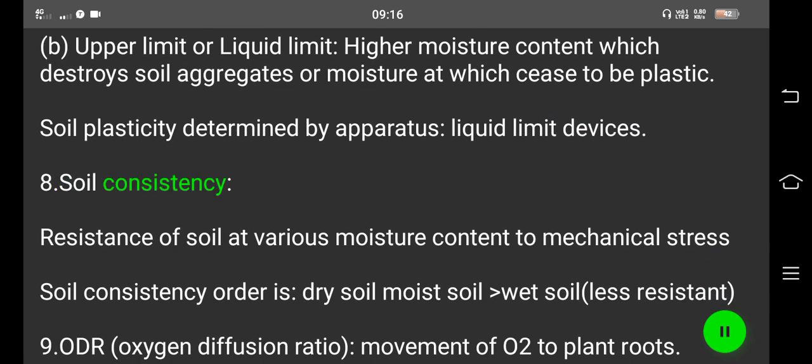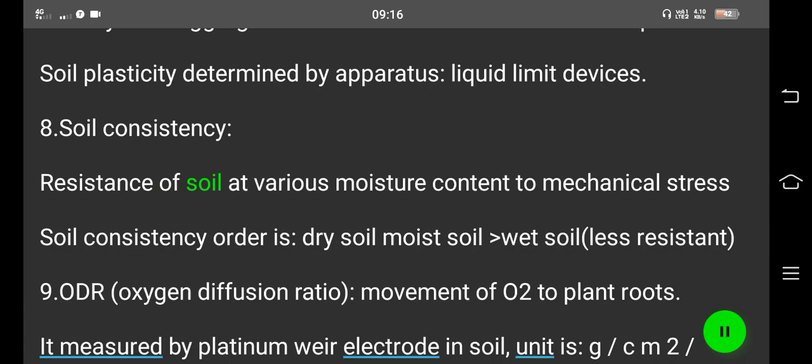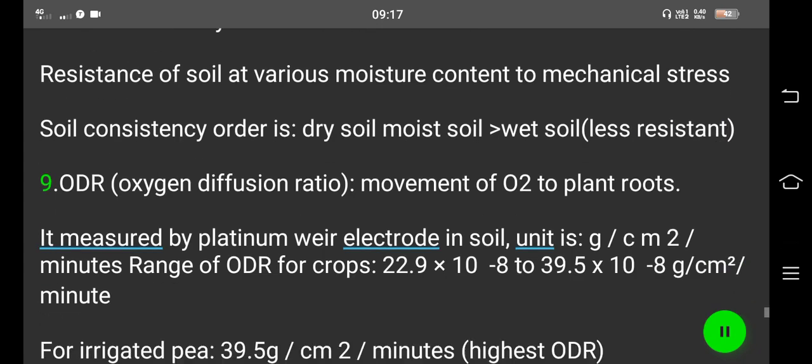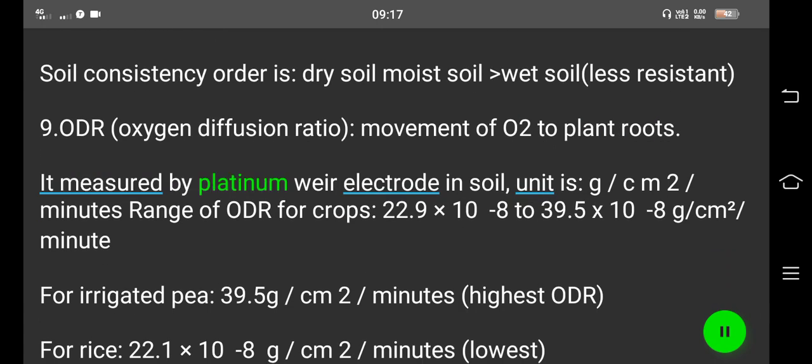8. Soil consistency. Resistance of soil at various moisture contents to mechanical stress. Soil consistency order is dry soil, moist soil greater than wet soil, less resistant. 9. ODR, oxygen diffusion rate, movement of O2 to plant roots. It is measured by platinum wire electrode in soil, unit as g per cm2 per minute.